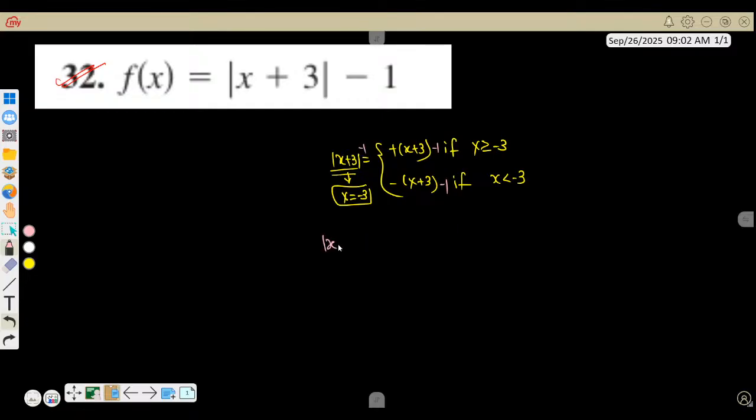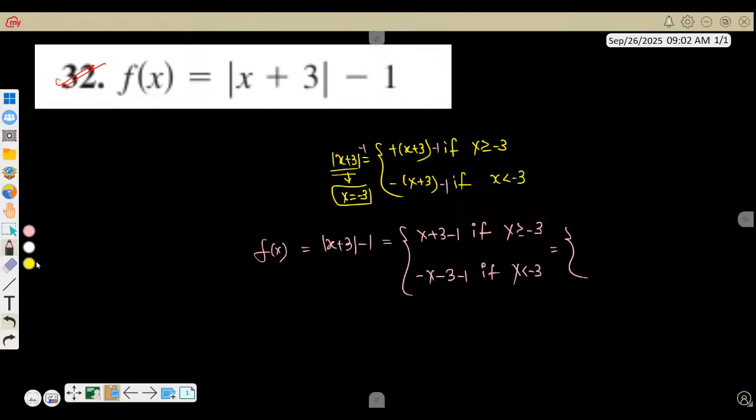So actually our given function, f of x is x plus 3 minus 1 if x is greater than or equal to -3, or minus x minus 3 minus 1 if x is less than -3. And after solving one more step, I have x plus 2 if x is greater than -3, or minus x minus 4 if x is less than -3.